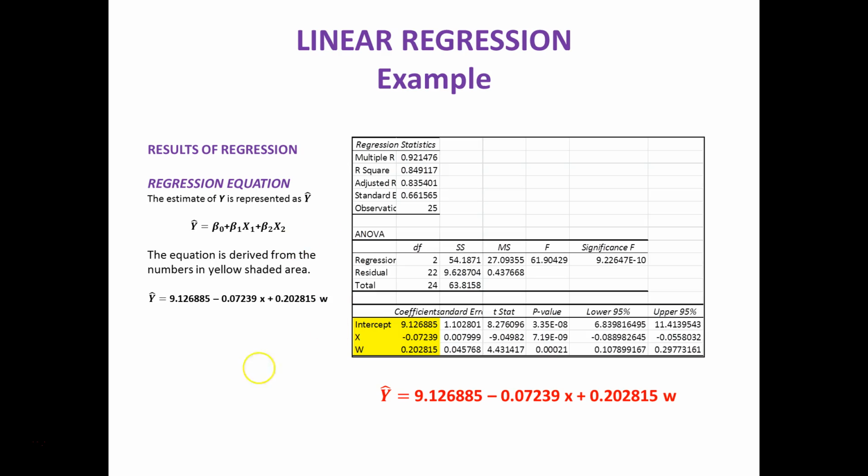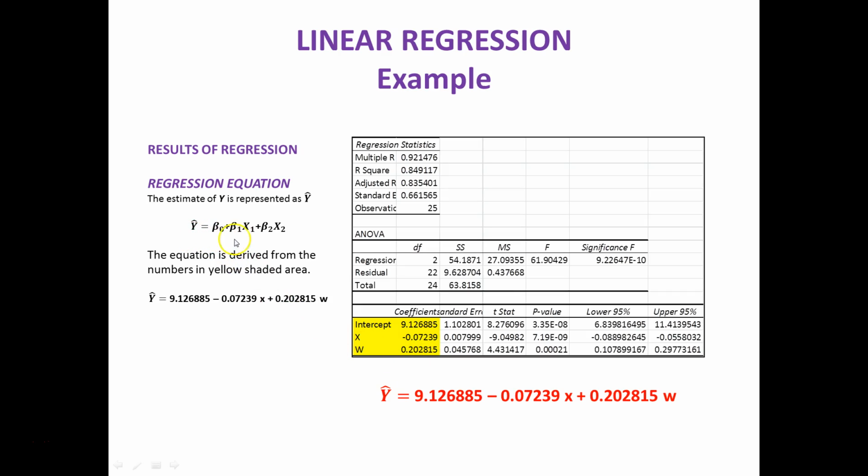Now, remember, let's go back over here to this formula. We have this y hat variable, and beta 0 plus beta 1 times x1, beta 2 times x2. When we ran our ANOVA in Excel, Excel came up with 9.12 plus x times negative 0.07 plus w times 0.202.